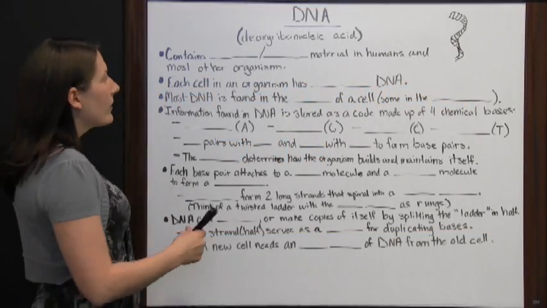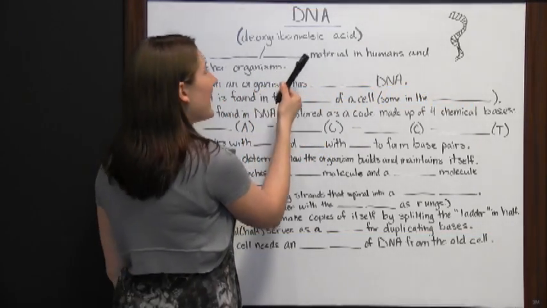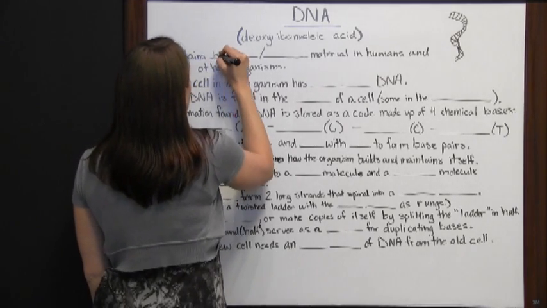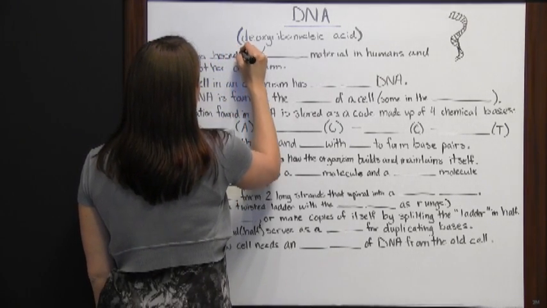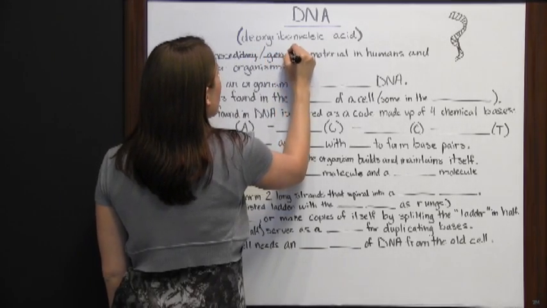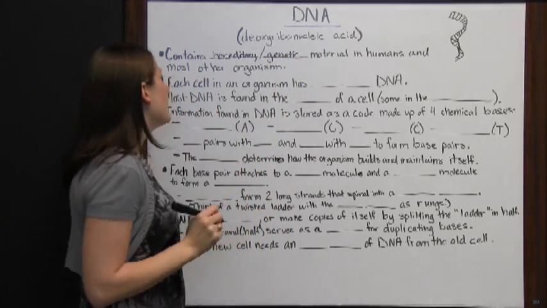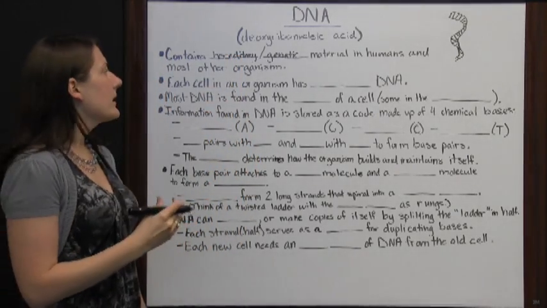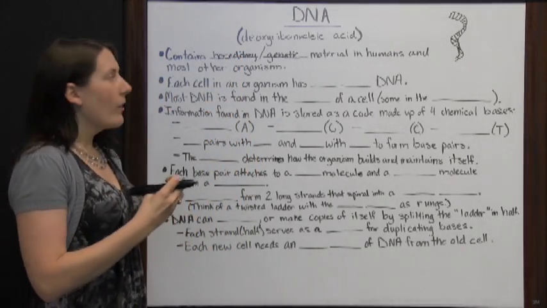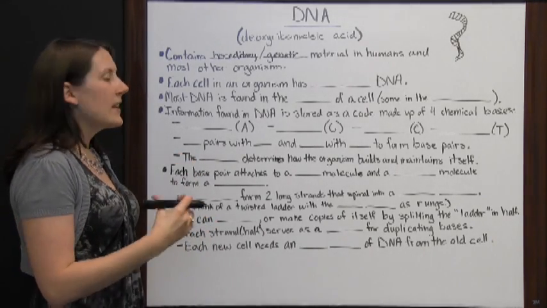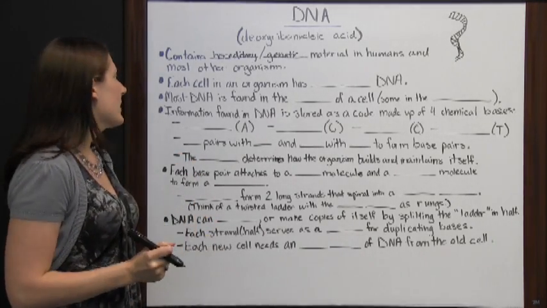DNA, or deoxyribonucleic acid, contains all of the hereditary or genetic material in humans and most other organisms. So the DNA is what lets people know what genetic material is in a person or in a certain creature or other organism.